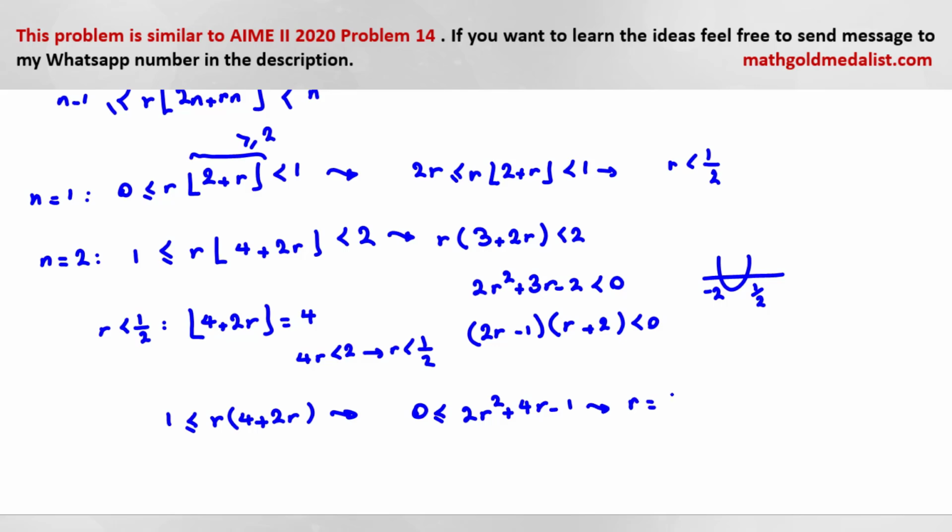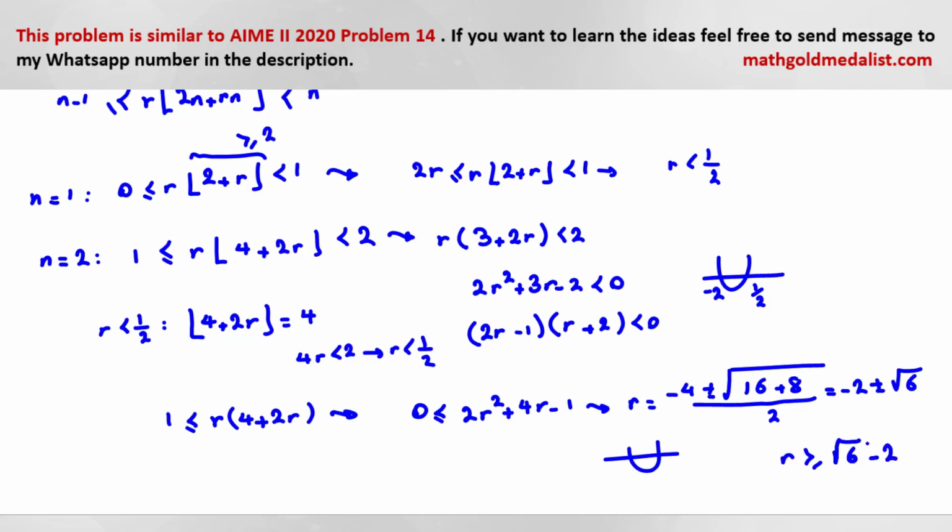The roots are negative 2 plus or minus what? Root 6. So because we know it's positive, not negative 2 minus root 6, r is greater than or equal to (root 6 minus 2), right?